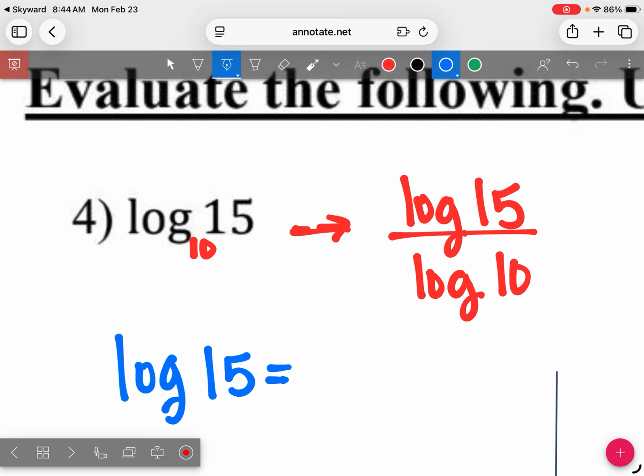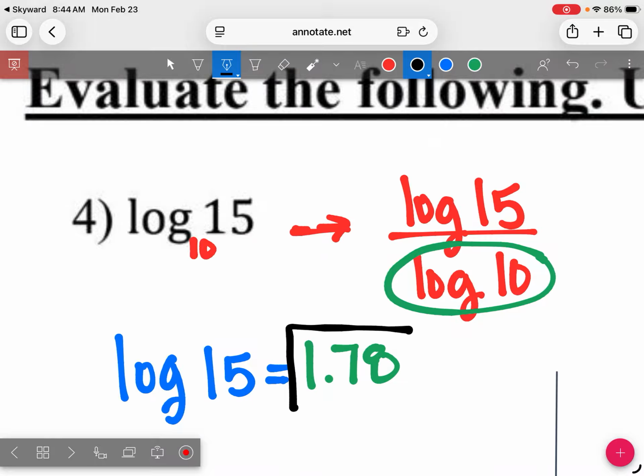If you type in just log of 15, you get the same answer that you would get if you typed in log of 15 divided by log of 10. And that's because log 10 equals 1. Everybody type in log 10. Type in log and the number 10. Did you all get 1? Yeah. So you don't have to divide it by the log 10, all right? So the log of 15 would be 1.78. So that would be the exponent that I attached to 10 to get to 15.